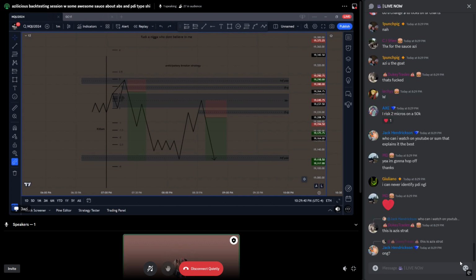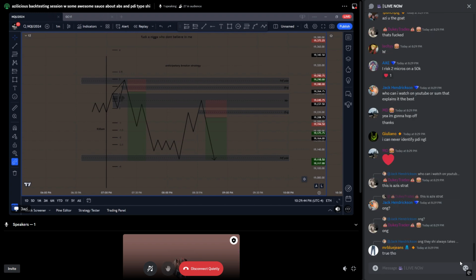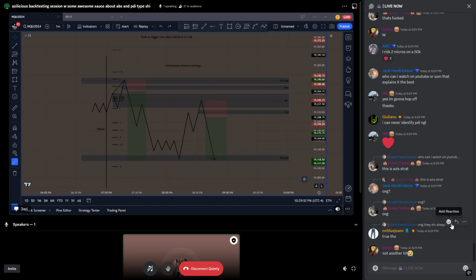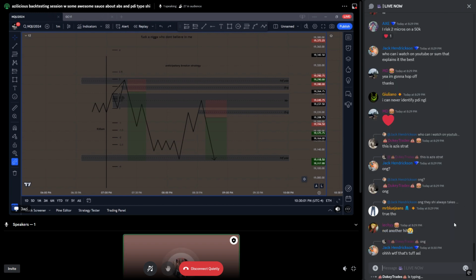If you have any trading related questions. Where the fuck is my lighter? I hate this shit. I just had this shit in my hands, bro. Fuck you mean another hit? This is another J, bro. Oh, there's my lighter.